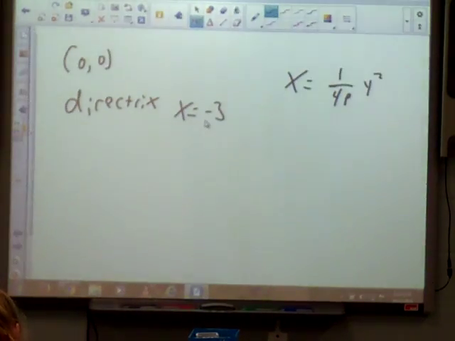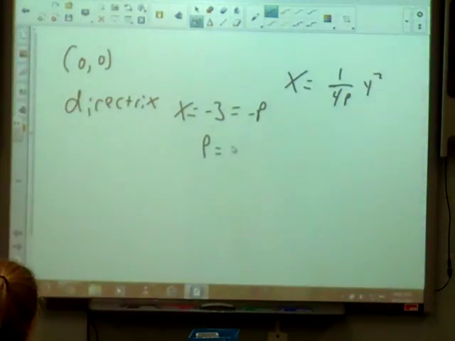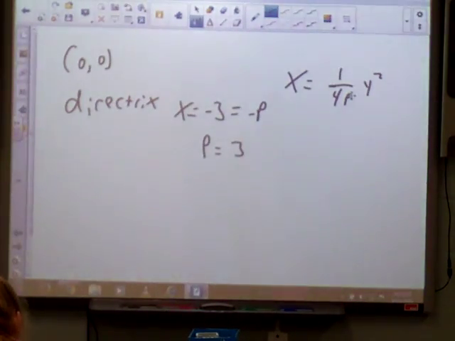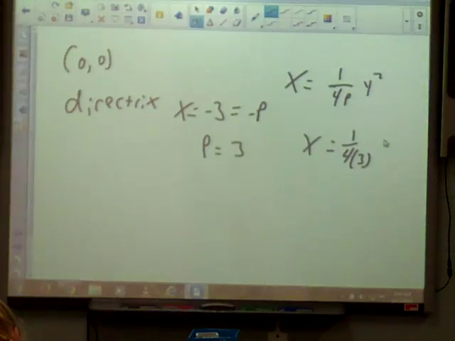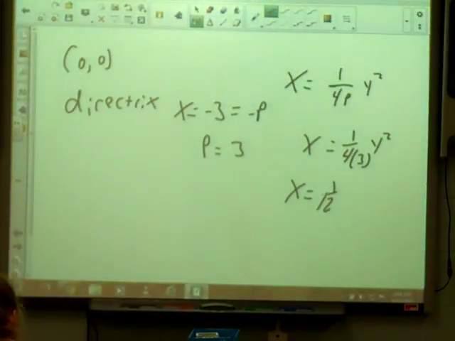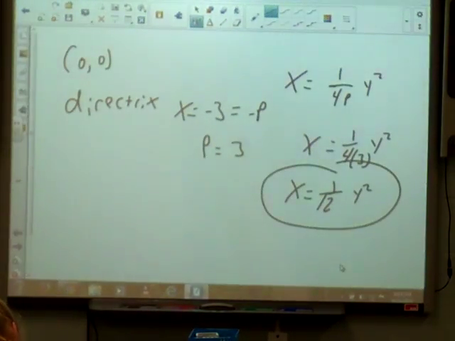Directrix is x equals negative 3, and that's the same as negative p. So if negative p is negative 3, what is positive p? 3. So all I've got to do is put a 3 in that p spot and simplify. So x would equal 1/4 times 3 y squared, which means 1/12 y squared. That's it.